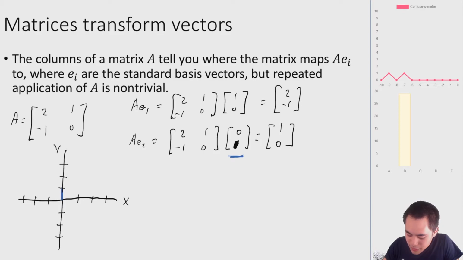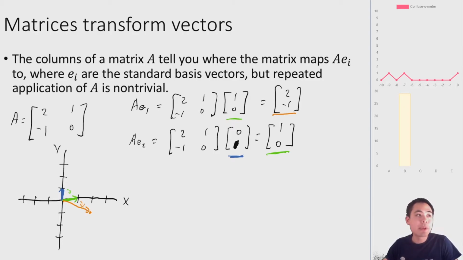So [0, 1] is here, and it maps to [1, 0], so that goes there. And where does E1 go? That one goes to [2, -1]. Let me choose a different color. So that goes there.